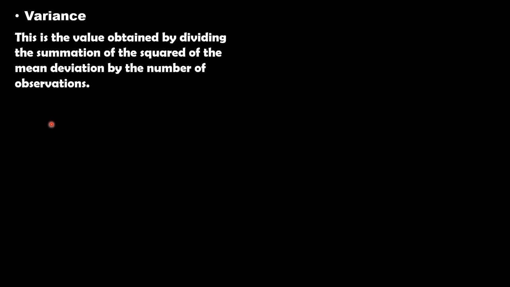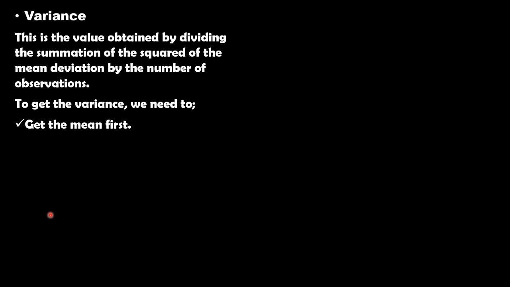How do we calculate the variance? First, what is the variance? The variance is the value obtained by dividing the summation of the squared mean deviation by the number of observations. To get the variance, we need to get the mean first.